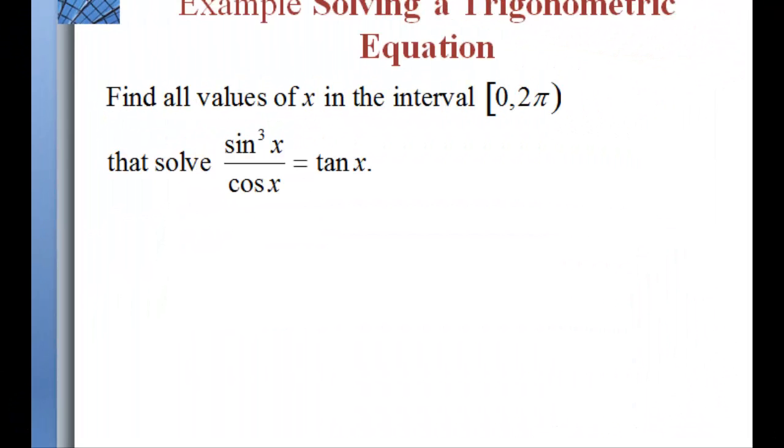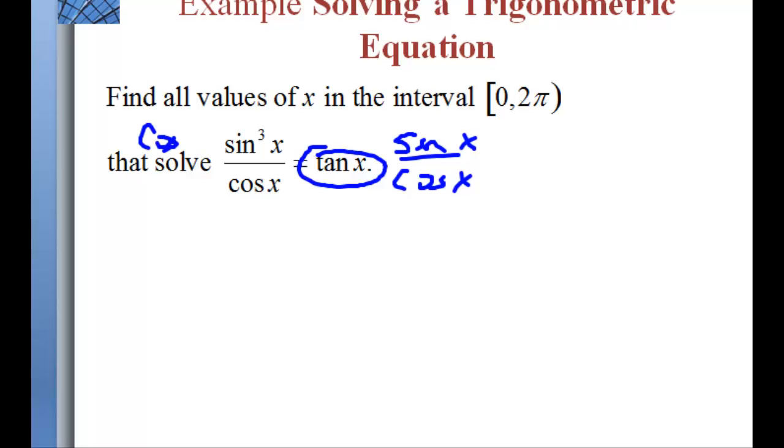Let's look at solving a trigonometric equation. If we have sine cubed x over cosine x equals tangent x, the first thing that we want to do is to change this to sine x over cosine x. Now we can multiply both sides by cosine x and cancel that out.